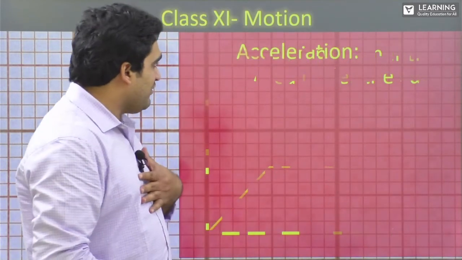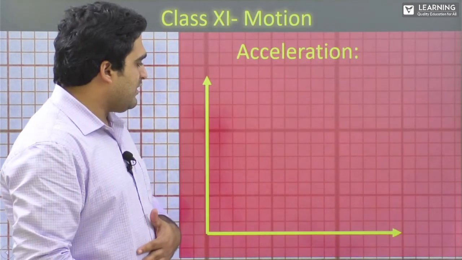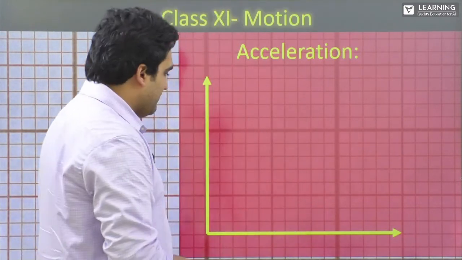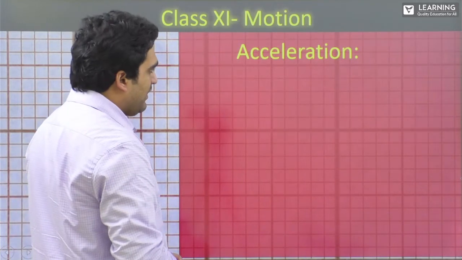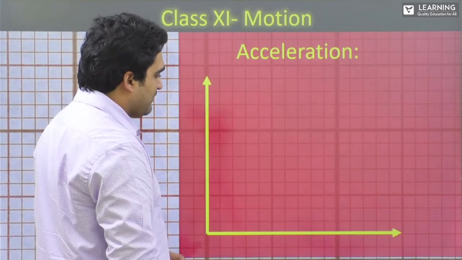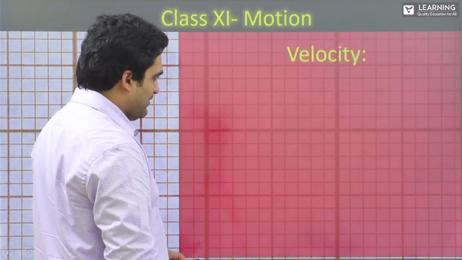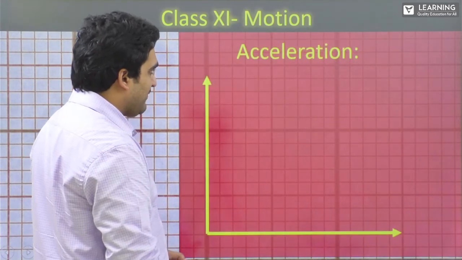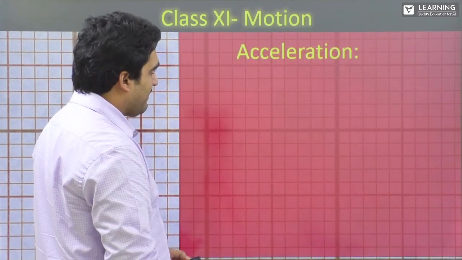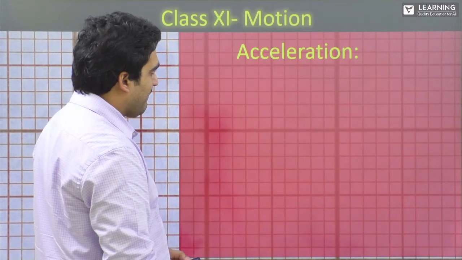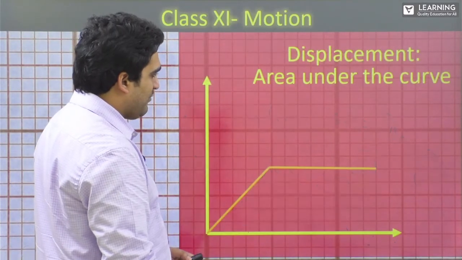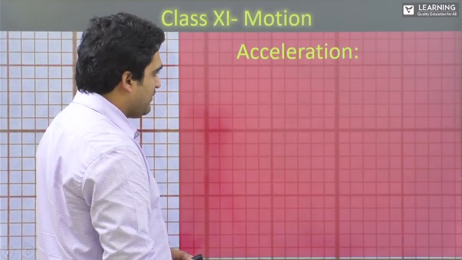Now moving on to acceleration. How can we determine acceleration? Very simple, by taking the slope. Why is it vanishing? It seems to vanish. Come on. One moment, just give me one moment.